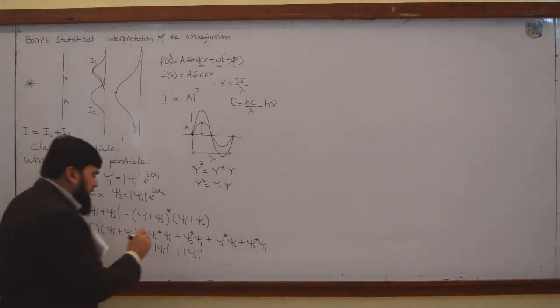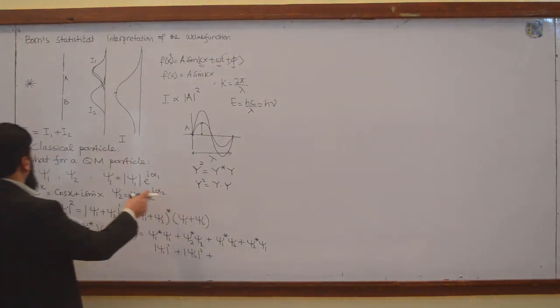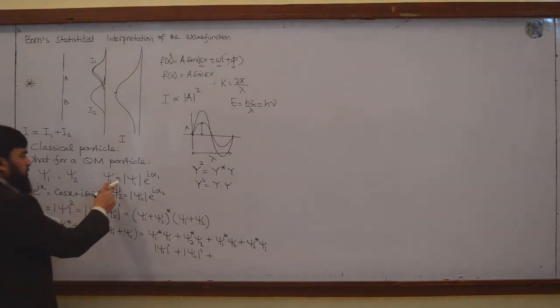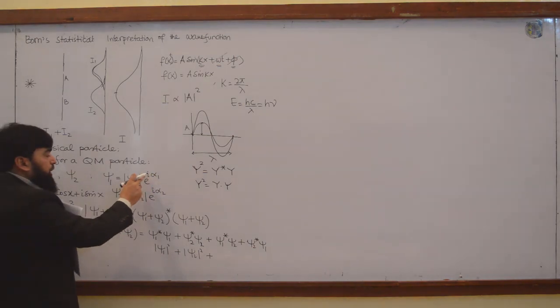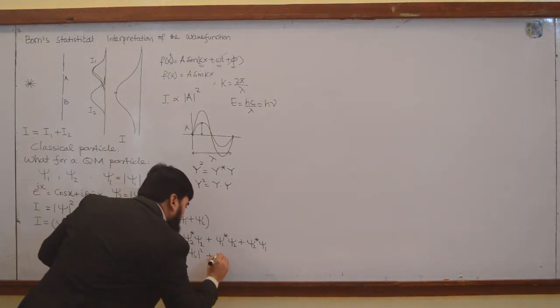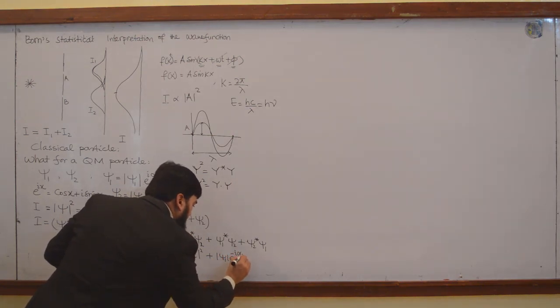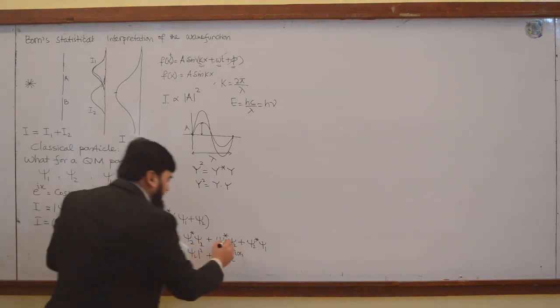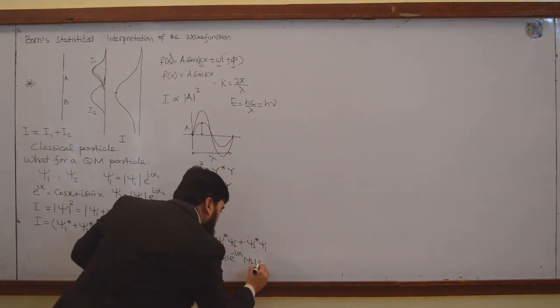Now this one is equal to this plus, what is psi 1 conjugate? Psi 1 conjugate from here is this one, and you know in the conjugate you change the sign of i. So it will be psi 1 e to the power minus i alpha 1, and psi 2 will be psi 2 and e to the power plus i alpha 2.